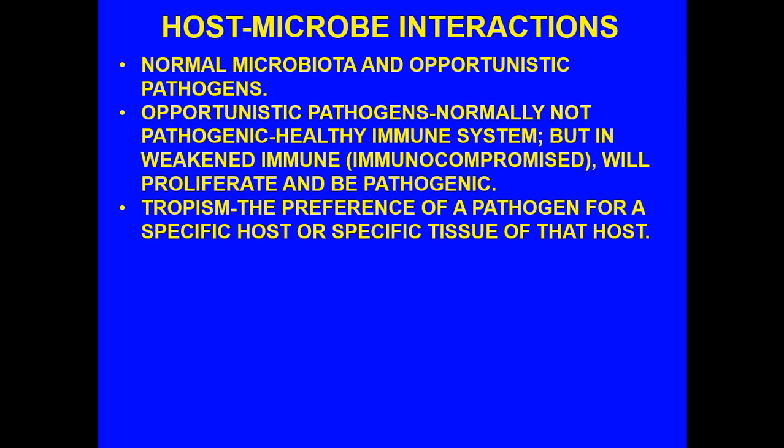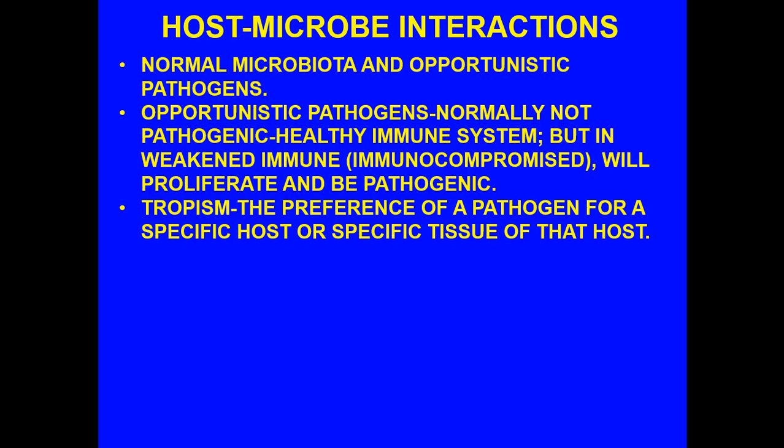Now, we're also going to mention normal microbiota and opportunistic pathogens. An opportunistic pathogen normally is not pathogenic because with a healthy immune system, you're able to keep it in balance, to suppress it, to fight it off. It's not going to cause any health problems. But in a weakened immune system, an immunocompromised patient, for example, everybody immediately thinks of HIV because the human immunodeficiency virus will destroy a lot of the immune function.